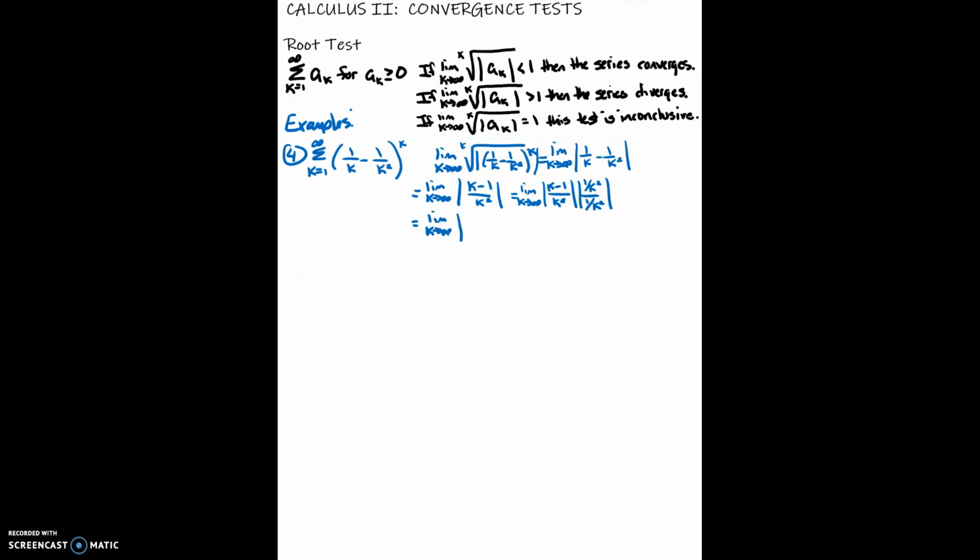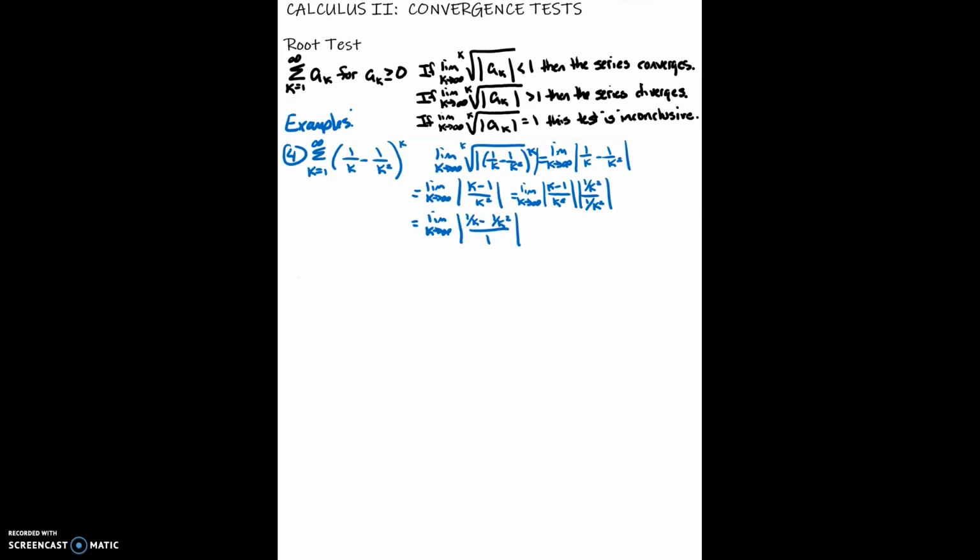And we have (1/k − 1/k²)/1. All right, well, let's see. As k gets really large, 1/k gets really small. And as k gets really large, 1/k² gets really small.